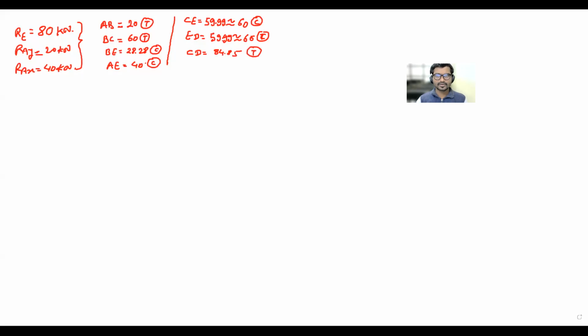If you take the moment at A, summation of moment at A equals 0, then you will have the equation: minus 40 into 4, plus 60 into 8, minus RE into 4 equals 0. Therefore minus 160 plus 480 minus RE into 4 equals 0.